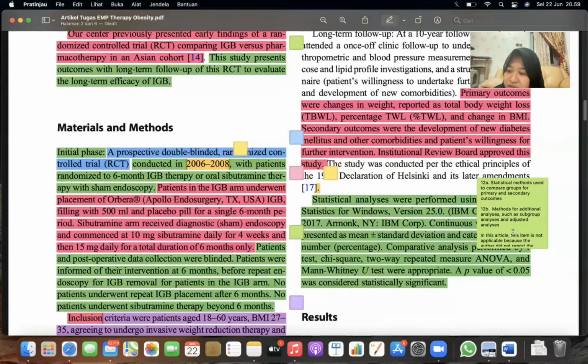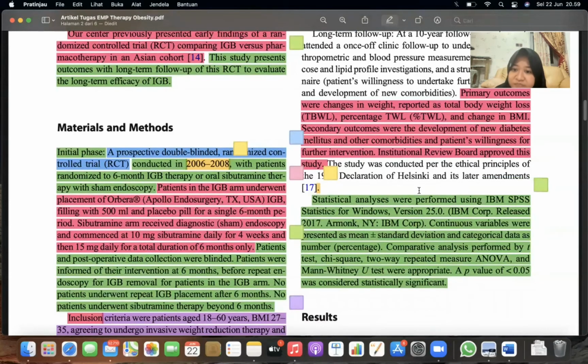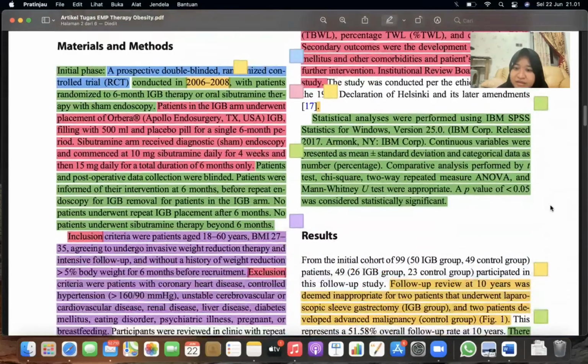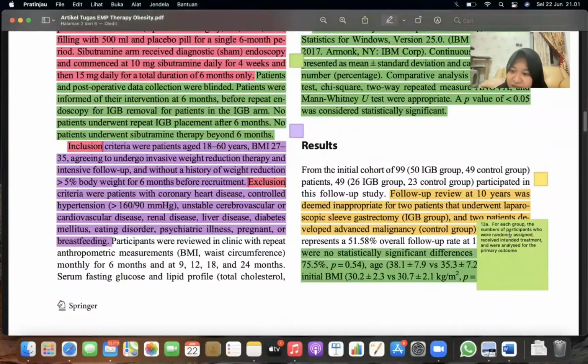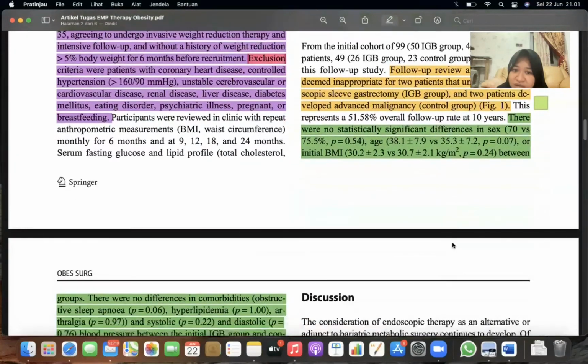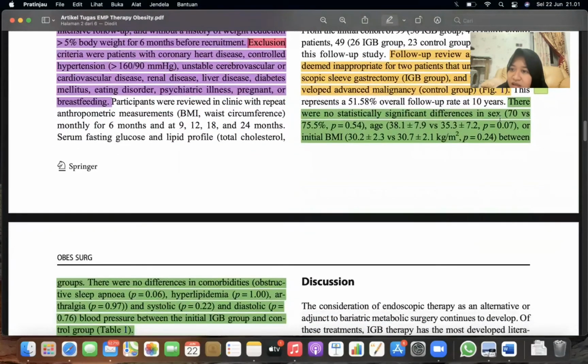In this article, this item is not applicable because the author did not report it. Okay, next is number 13A, for each group, the number of participants who were randomly assigned, received intended treatment, and were analyzed for the primary outcome. Okay, the answer here we can see highlighted in green.